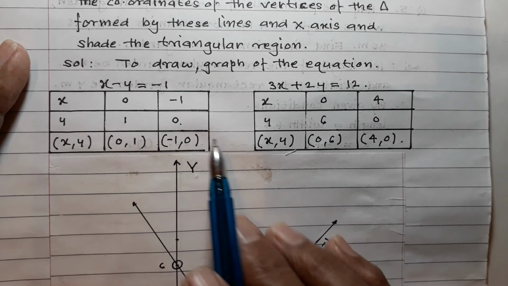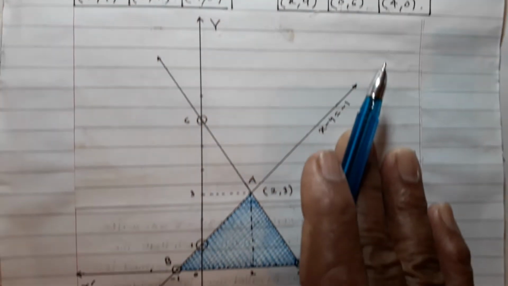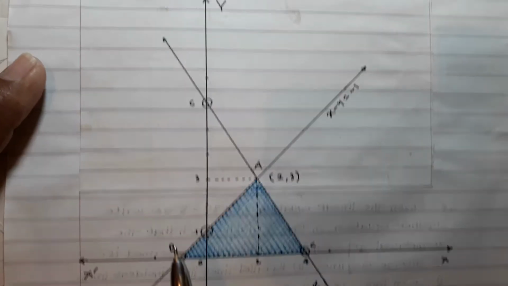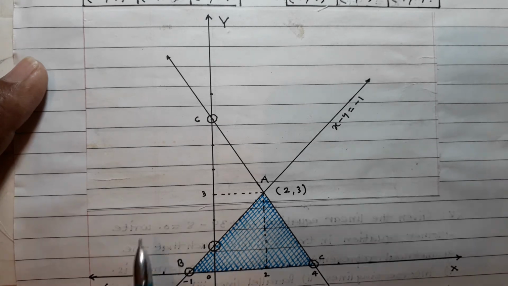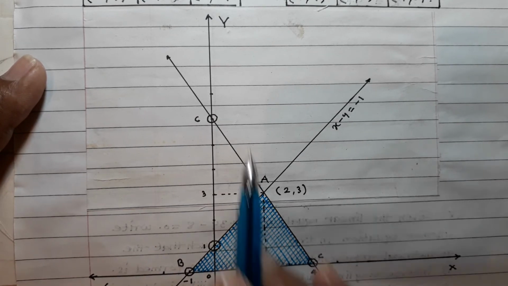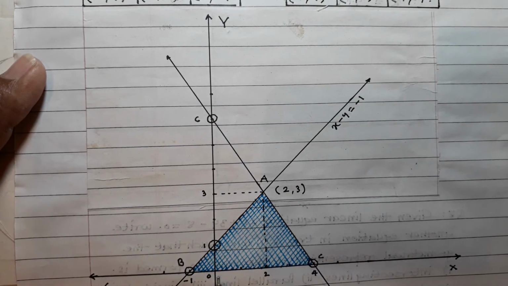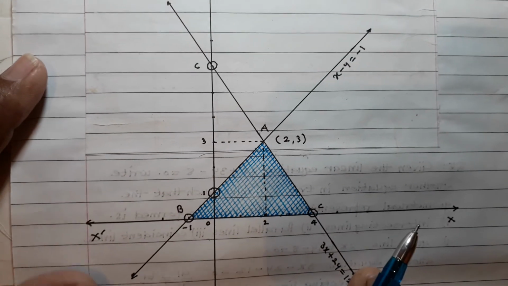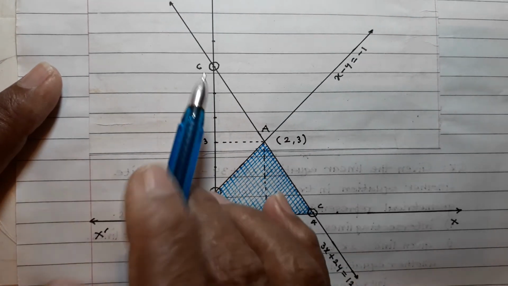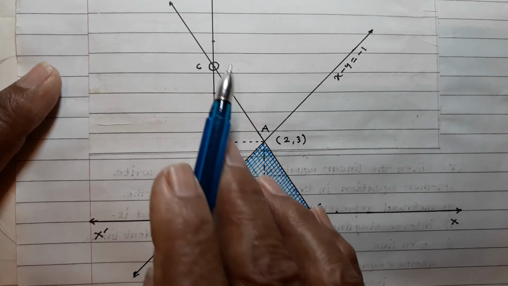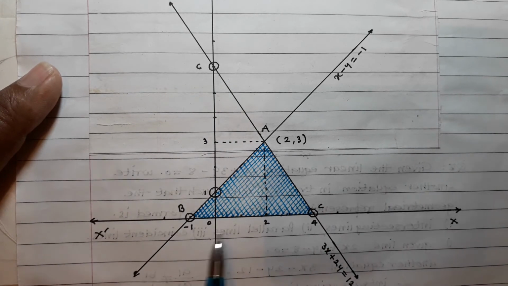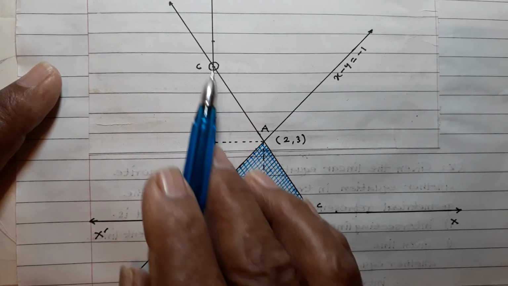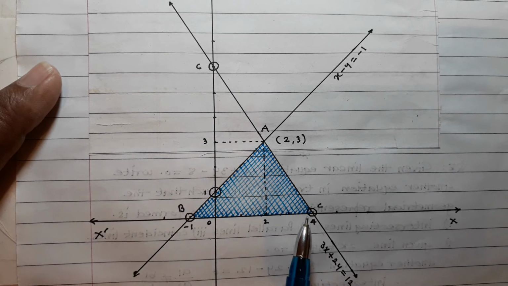I plot this point on Cartesian system. So you know, this is x-axis, this is y-axis, this is origin. Okay. Now then plot this point. So first point is 0, 6, that is this point, and second point is 4, 0.